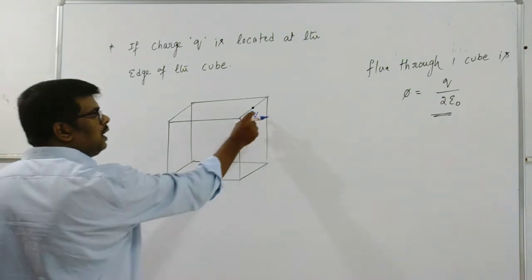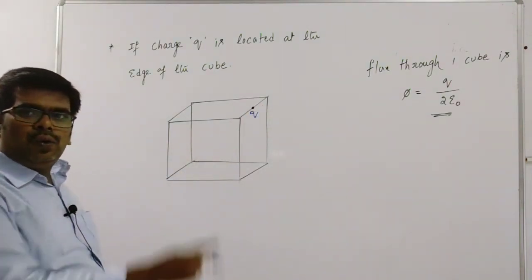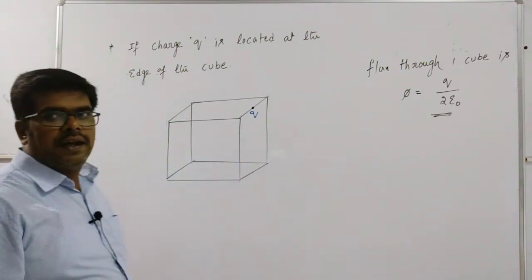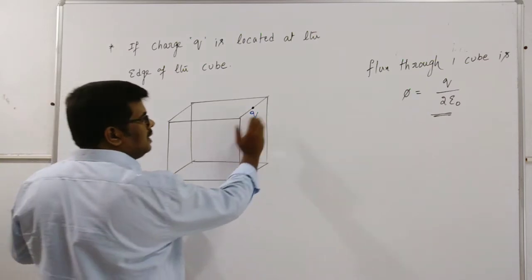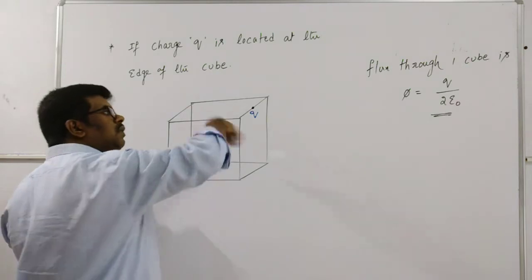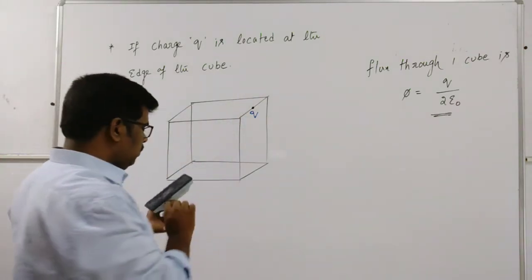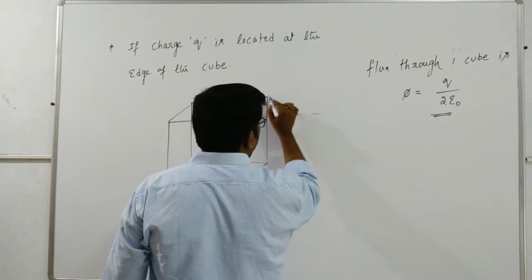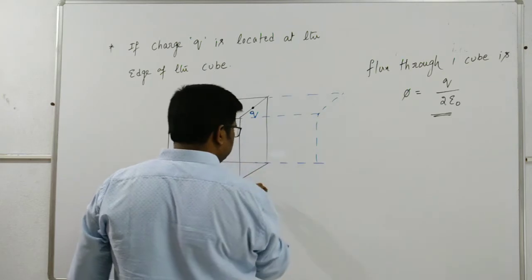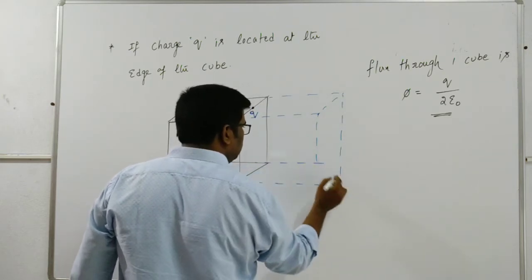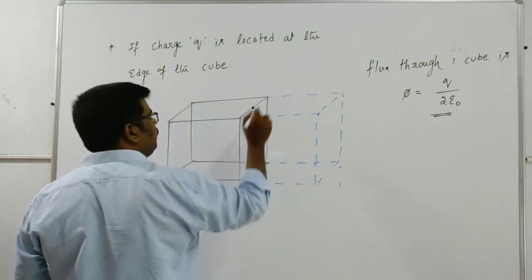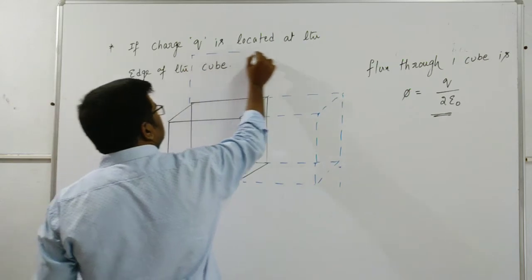So if the charge q is located at the edge of the cube, to enclose this charge, how many such cubes do we need to construct around this charge? Right side one, above another one, here another one, totally 3 more required. So like this we need to construct, and another one is like this.